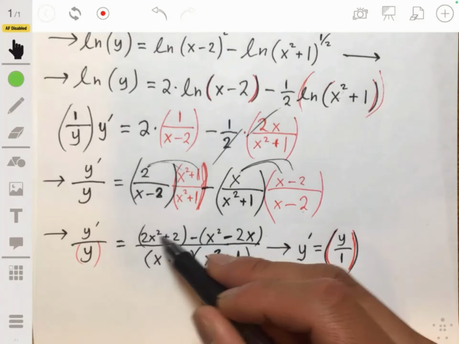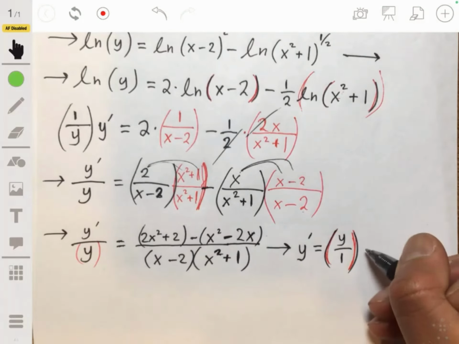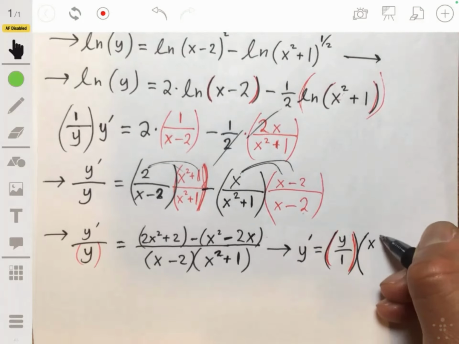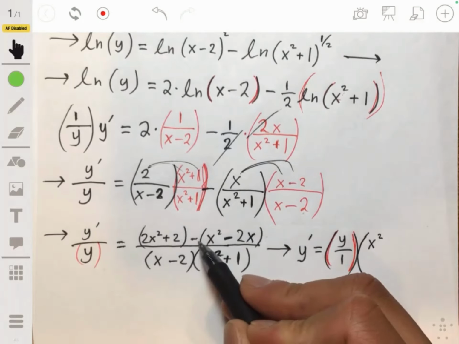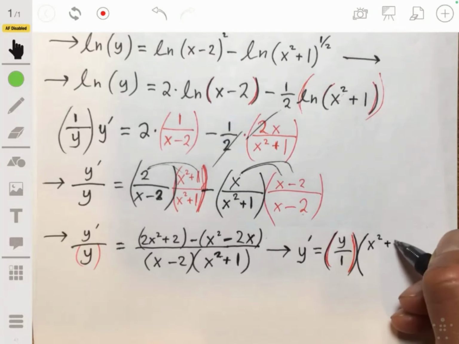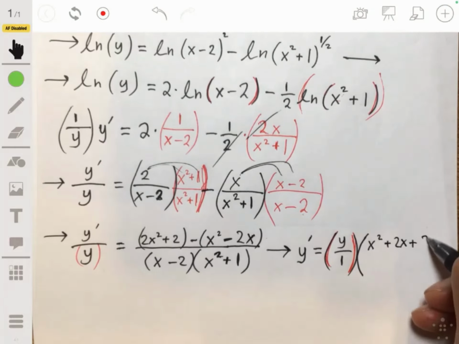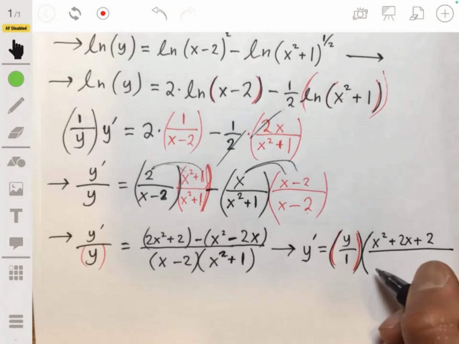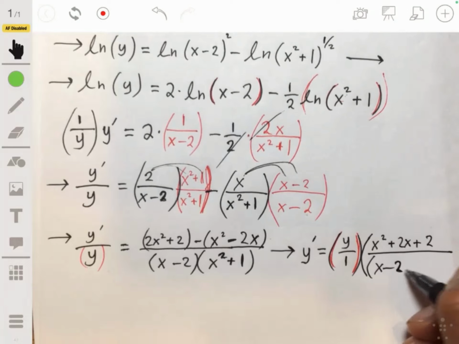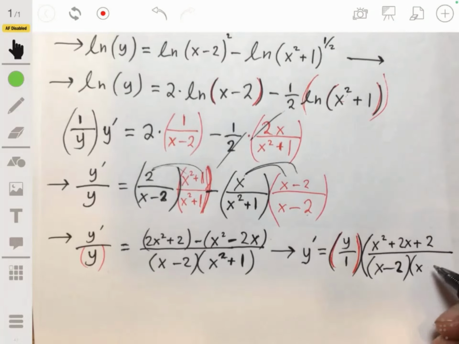The top will become an x squared plus 2x plus 2, all over an x minus 2 times an x squared plus 1.